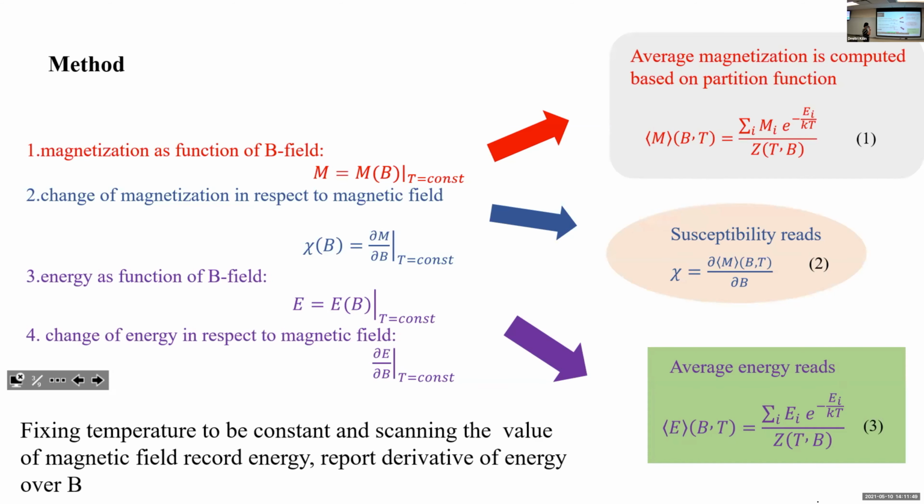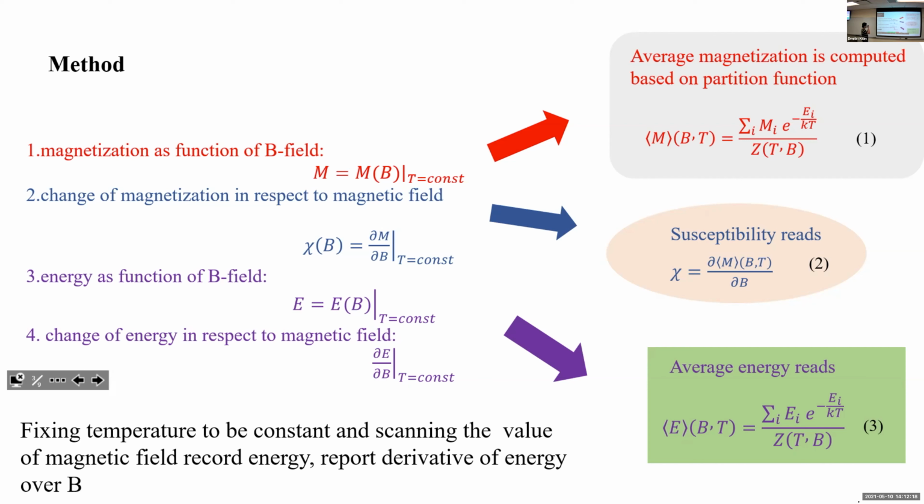In order to prove the ferromagnetic material has the spontaneous magnetization effect, we have to get four figures. First is the magnetization as a function of magnetic field. To get this feature, we use equation 1.